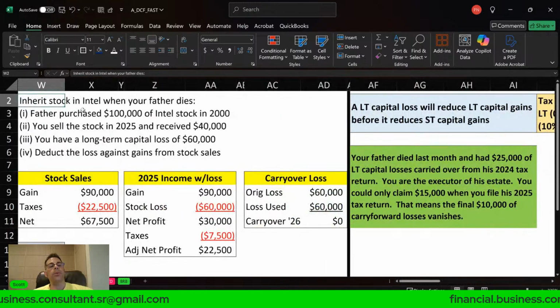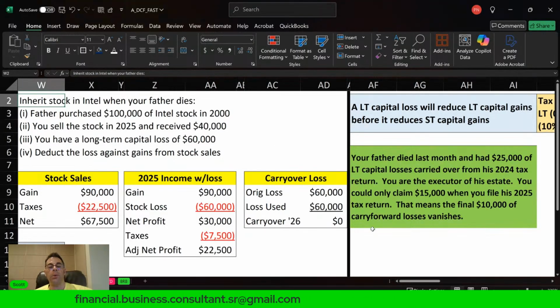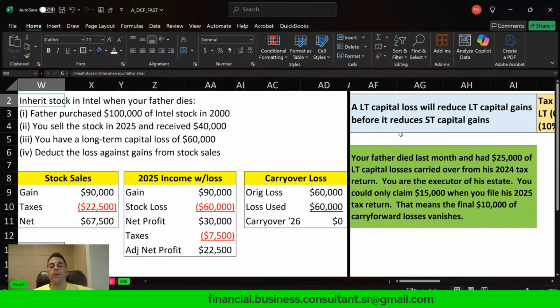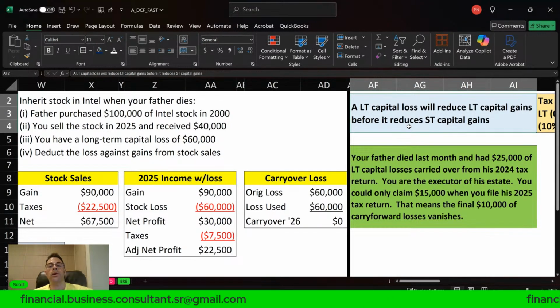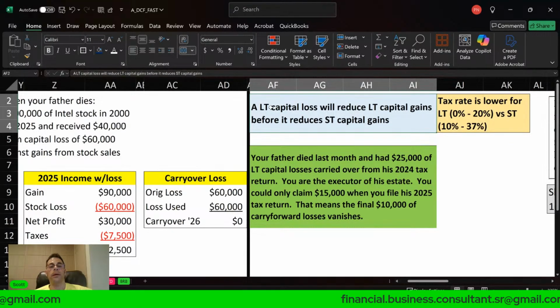So when you inherit a stock, or when you inherit anything, you can inherit a house, you can inherit artwork, and if you sell it, it doesn't matter how long you held it for, whether you held it for a week or 20 years, you're going to pay long-term gains or losses.